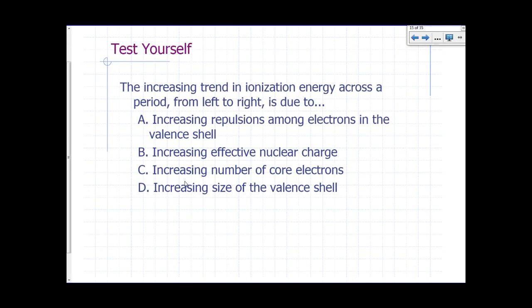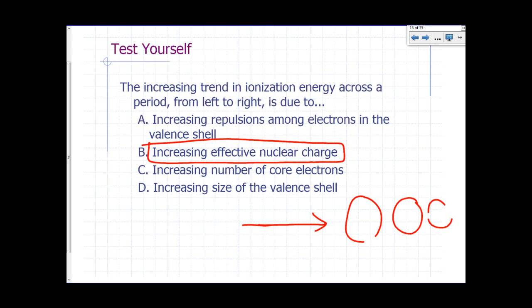Increasing trend in ionization energy across a period from left to right is due to what? Left to right, you have more or less the same size shell, but it shrinks a little bit because of increasing effective nuclear charge. The number of electrons in the core will remain the same.